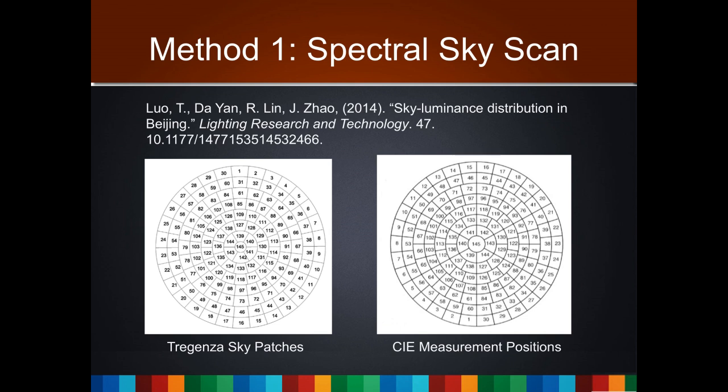In the CIE method, there's a winding that is more compatible with a system where it goes around and then goes up a row and goes back. So the different winding allows a sensor, if you can imagine having a cord or a limitation to its mechanism, that can't keep going around the same direction. It needs to go back and forth. And so the winding numbers end up being different and the data ends up being different. Why they can't just reorder it and make it say it's Tregenza, I don't know. They don't do that. So we have a new type now in Radiance for CIE sky position.